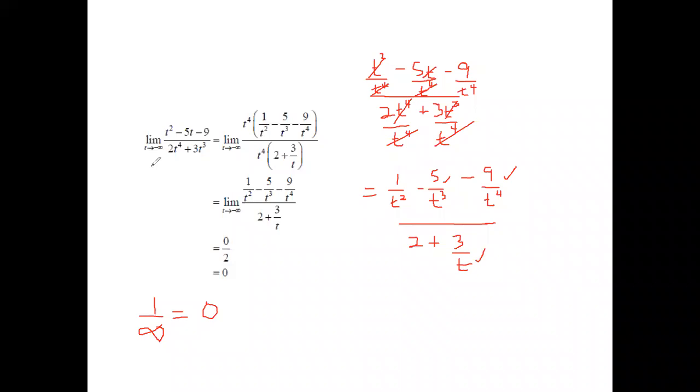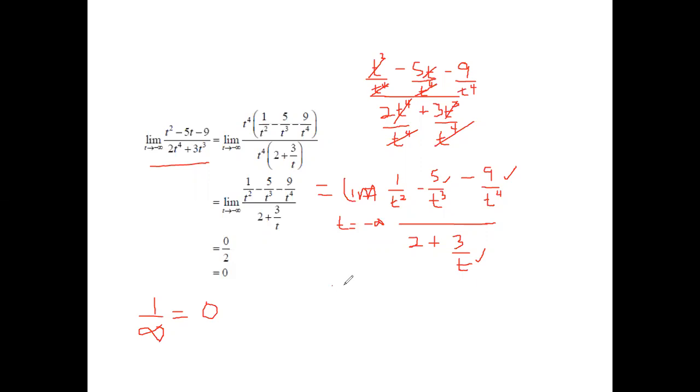So which means that the original question is going to be reduced as this. So then we write: the original question equals the limit as t approaches negative infinity.